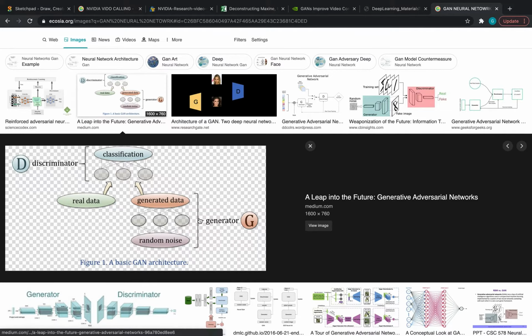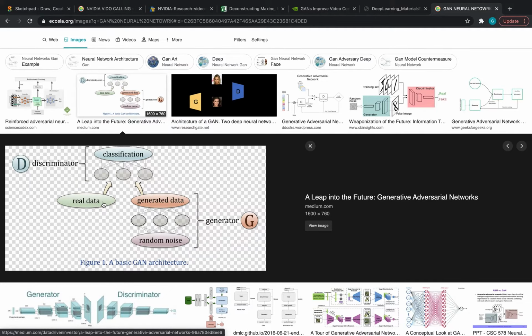there's a generator that sends data, a picture, and this is fake data. Then it has a discriminator that looks at the data and tries to tell if it's real or fake data. This discriminator trains on real data and fake data.